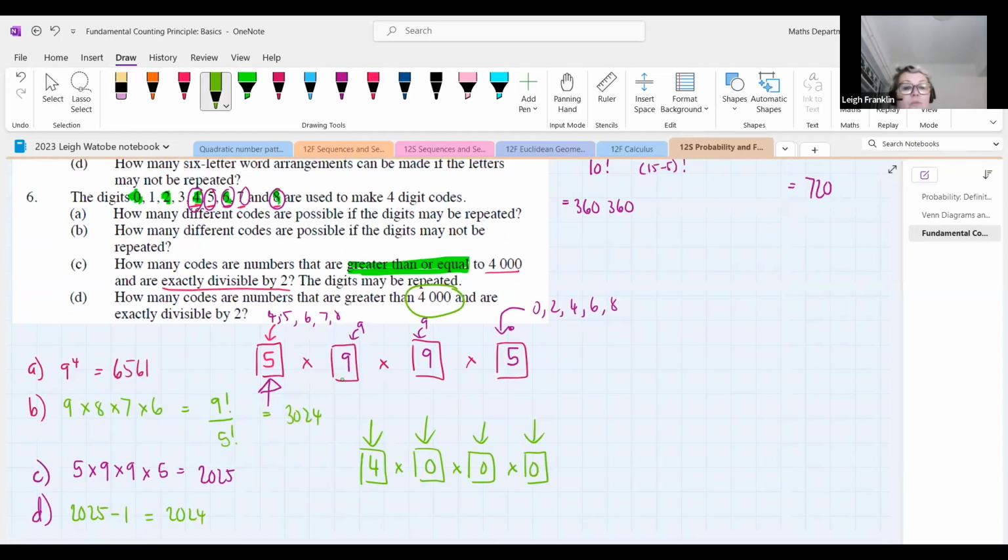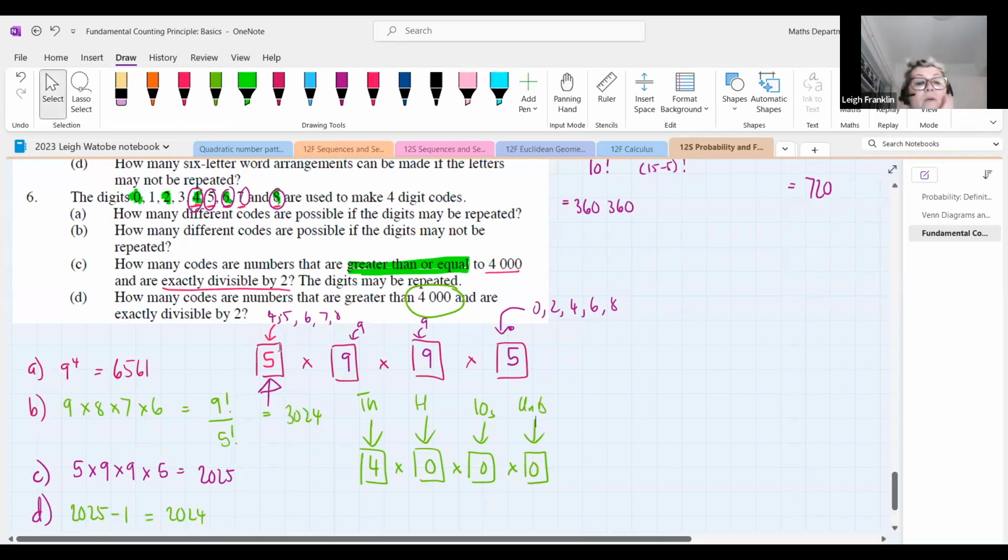Okay, so in other words, the number in the first position here is in your thousands column. This is your hundreds column. This is your tens column. This is your units column for the number. So if you have a look at how many thousands you can have: 4,000, 5,000, 6,000, 7,000, 8,000.